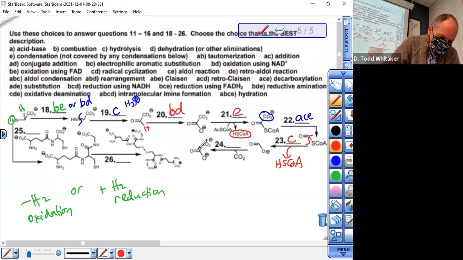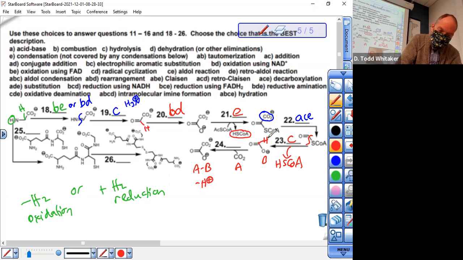We are making a bigger molecule. It looks like it's a straight up A plus B goes to AB. But we lost H plus as well, didn't we? There's an H here. So you can't say it's a condensation.